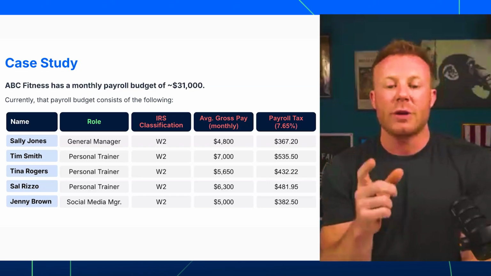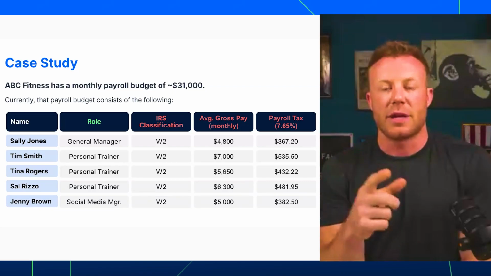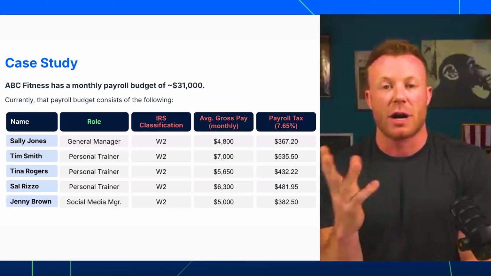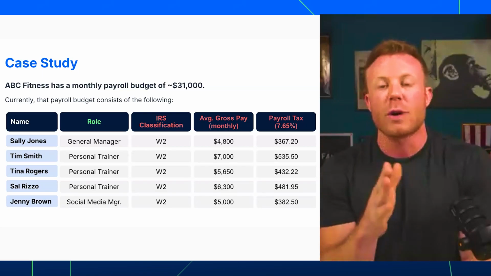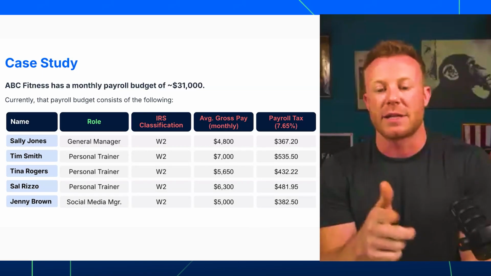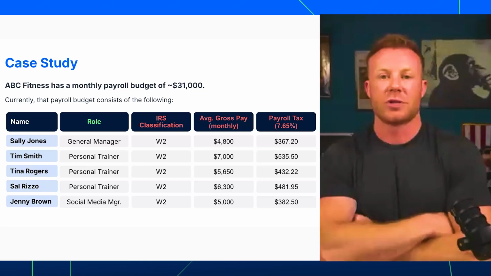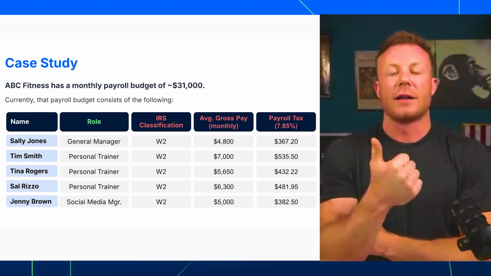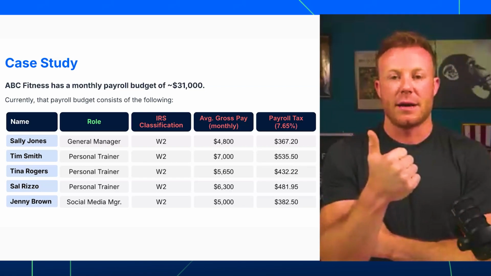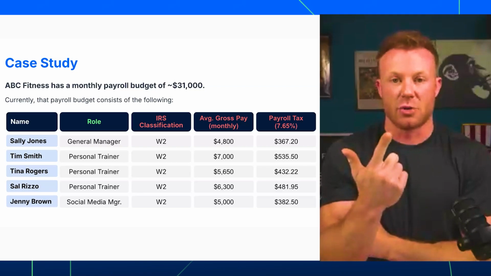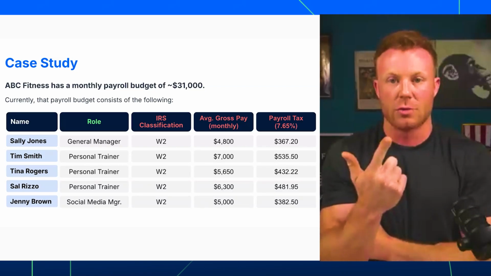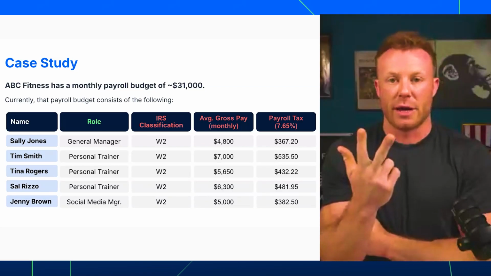However, when you actually break down what some of these trainers do and the way this particular hypothetical business works, you're able to make a really strong argument that these personal trainers should not be W-2s. Maybe they have their own LLC and you pay the LLC. They set their schedule as to when they're available to train clients, not you. You don't tell them how to train them. They're professionals.